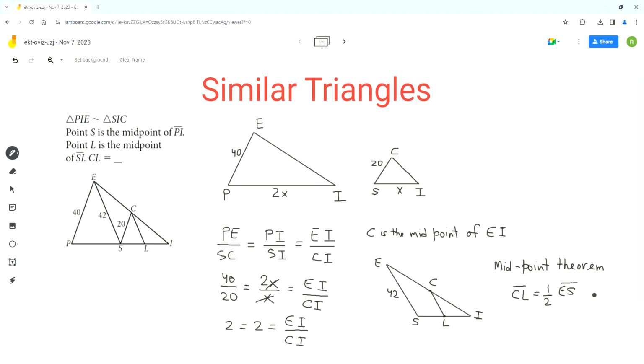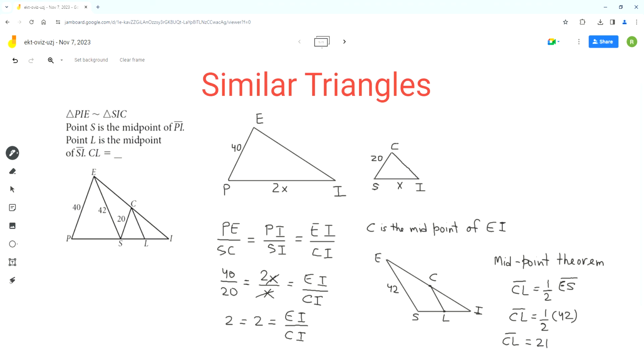So we know that ES is equal to 42. So it becomes half times 42. That means CL is equal to 21. So this should be the final answer for the length of line segment CL.